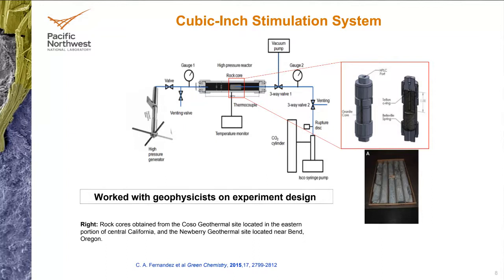This is a sample about 2 inches in length by 1 inch in diameter. And what we did is pressurize the sample with water isotropically. That will be the confining fluid to basically simulate the pressure that a rock will undergo at, let's say, 5,000, 7,000, 10,000 meters.